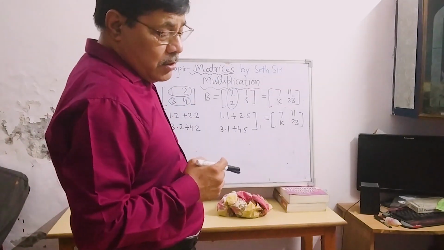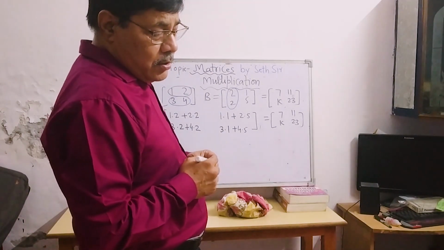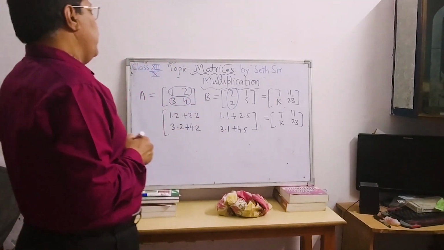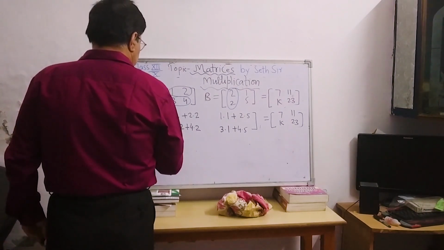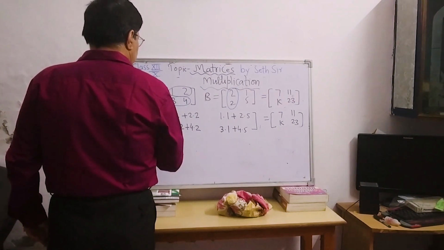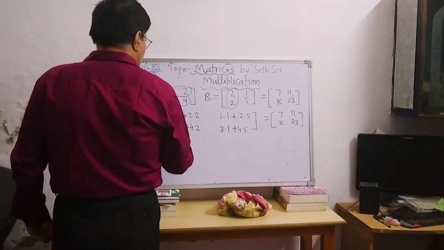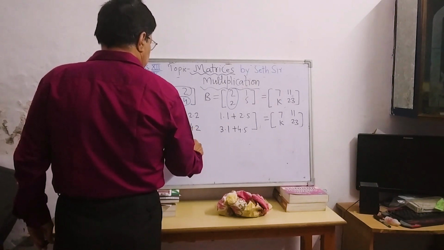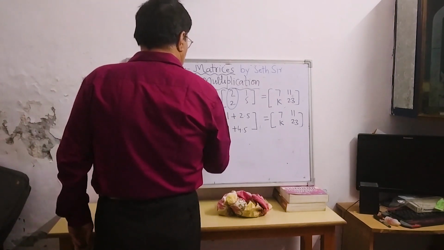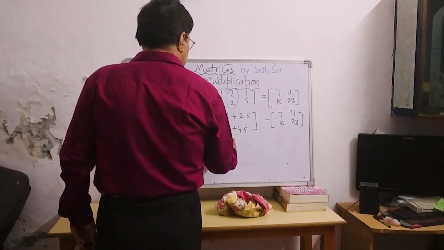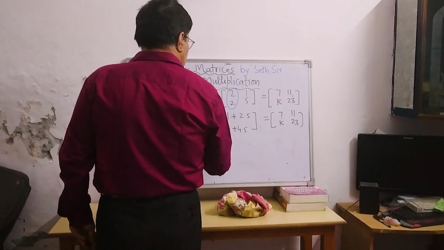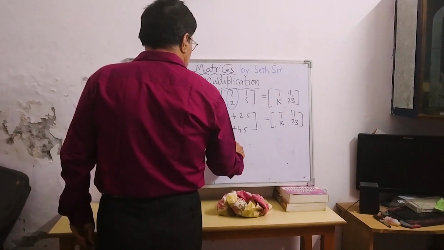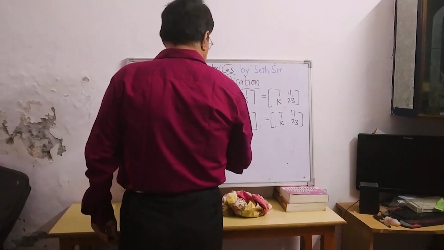Now simplify it. So what will come? 1 into 2, 2. Plus 2 into 2, 4. 3 into 2, 6. Plus 4 into 2, 8. Similarly 1 into 1, 1. Plus 2 into 5, 10. Then 3 into 1, 3. Plus 4 into 5, 20.